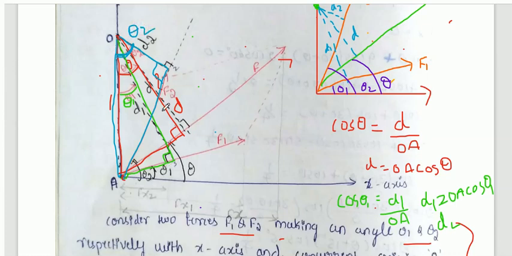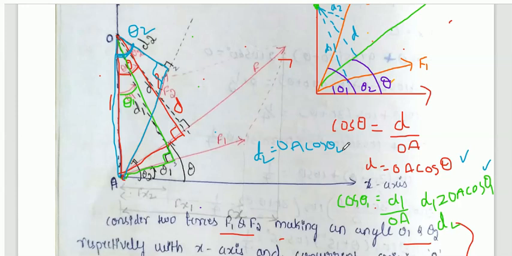So by this we can write D2 is equal to OA cos theta 2. Now you have obtained the values of D1 and D2.